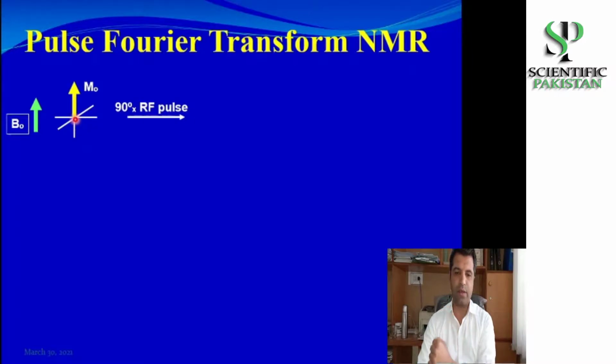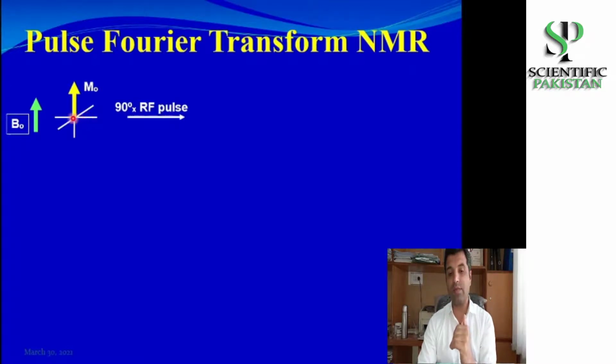See here in the slide, if this is the x-axis and your thumb is pointing in this direction, then this M naught will flip towards the y-axis. So if you are giving a pulse in the x-axis, this M naught will flip towards plus y-axis.